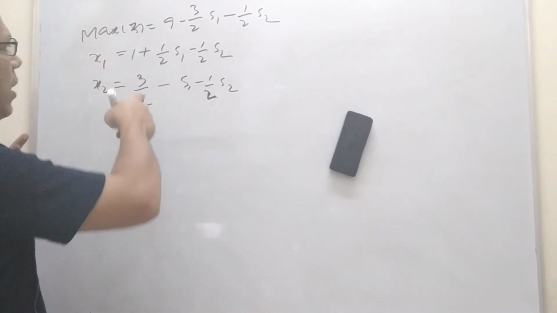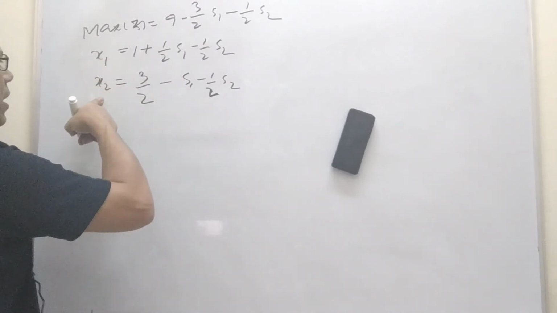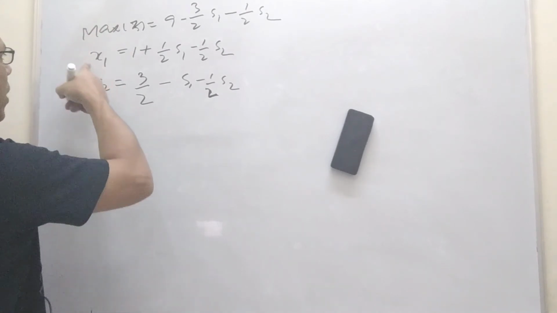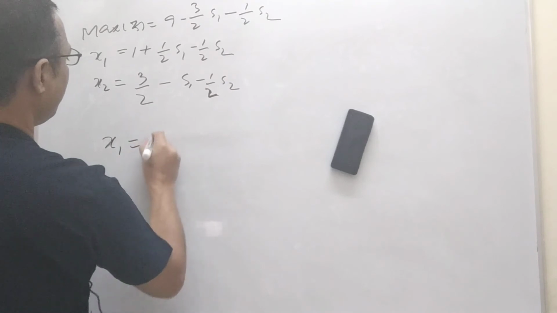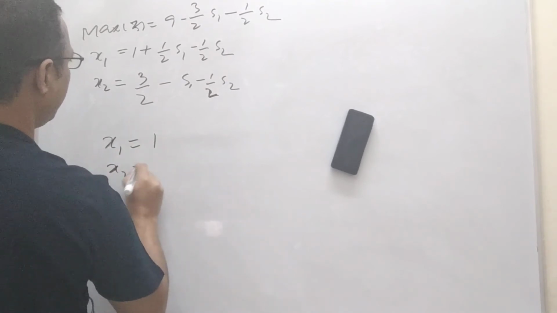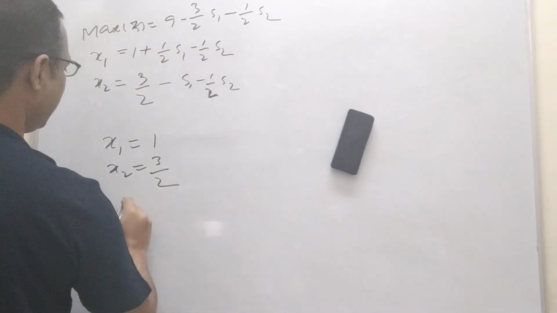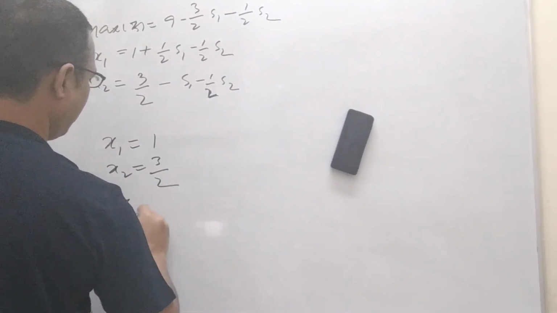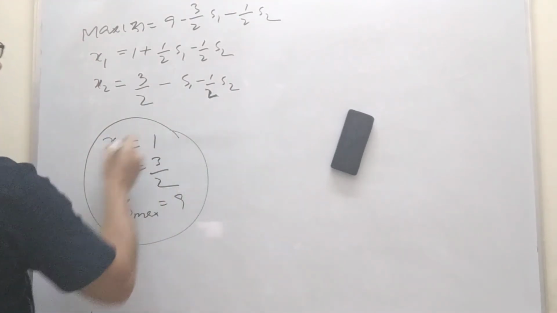So the value of x1 is equal to 1 and x2 is equal to 3 by 2, and the maximum of z is equal to 9. So this is our solution.